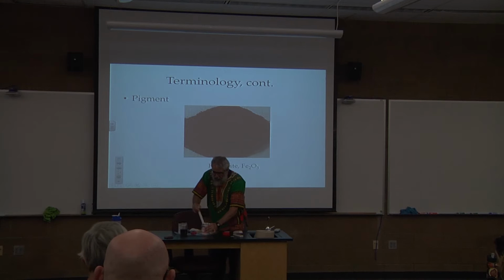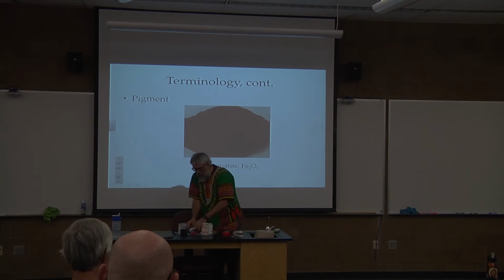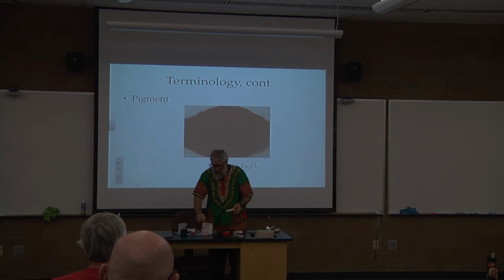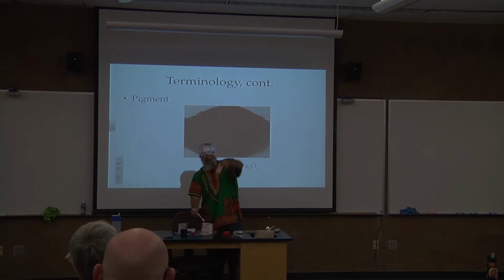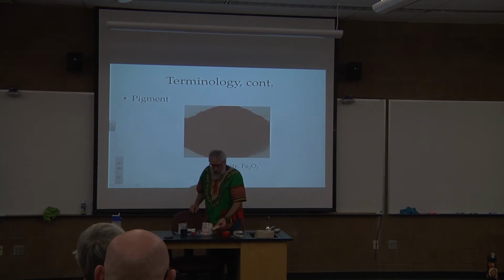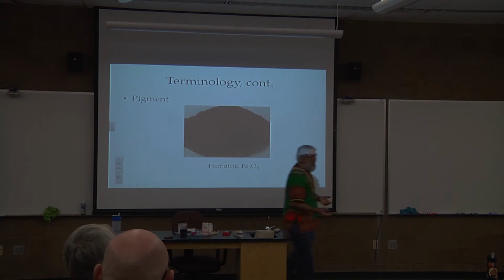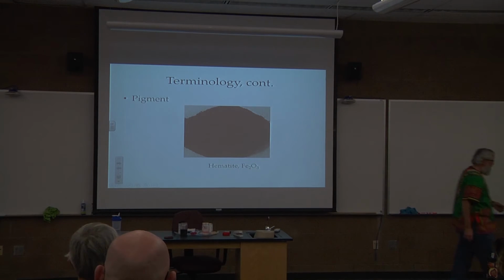So when we apply the pigment, if it's dispersed well enough, we can use this brush and piece of scrap wood, and we can make a nice pink coloration on that piece of pine. So that's a pigment. The difference primarily between a pigment and a dye is the solubility of the material.